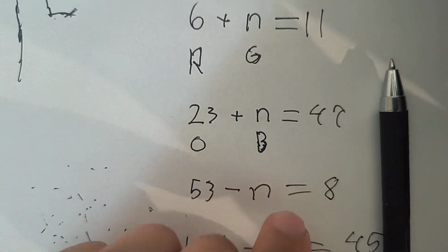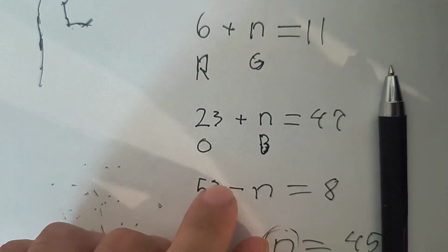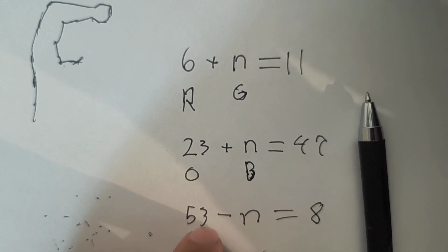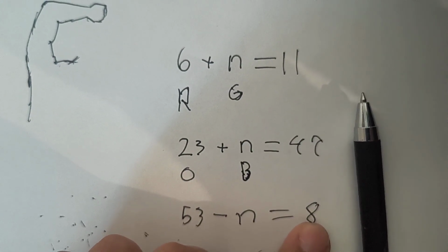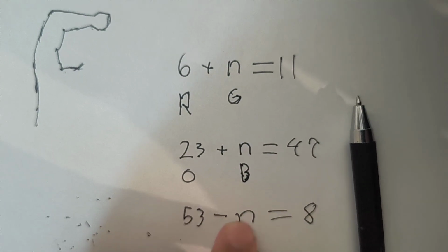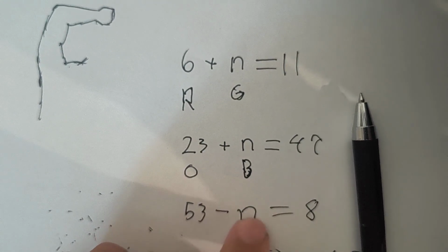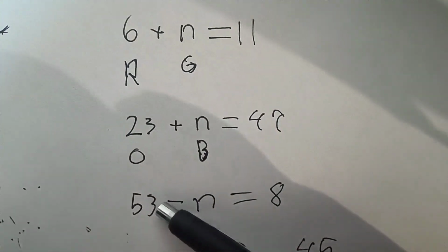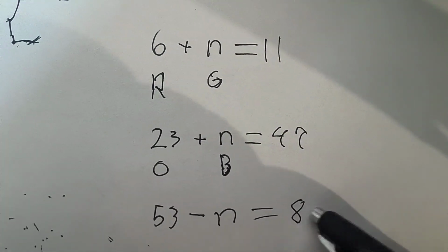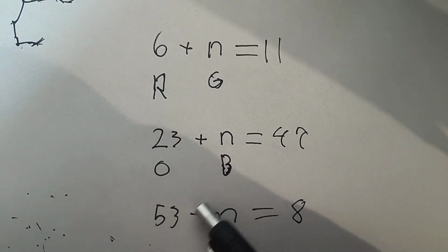Okay, now let's say you had 53 cookies at the start of the day. And at the end of the day, you now only have 8 cookies. So some amount was removed in between. And this is how we represent the relationship between the start of the day cookies and the end of the day cookies, not given the amount that was taken. We don't know how many was taken.